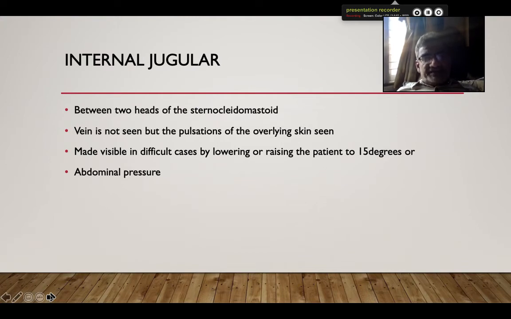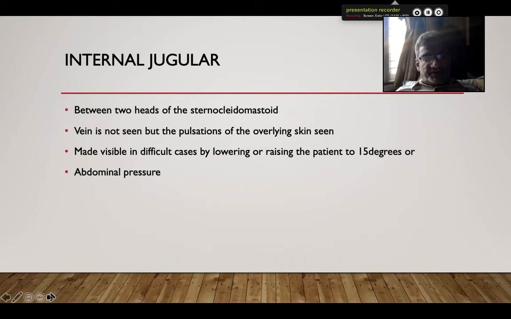In difficult cases, it is made visible by lowering or raising the patient by 15 degrees depending upon the situation. When the jugular venous pressure is too much raised, you make the patient more vertical. If the pressure is too low, you make the patient more horizontal so that the vein becomes visible.